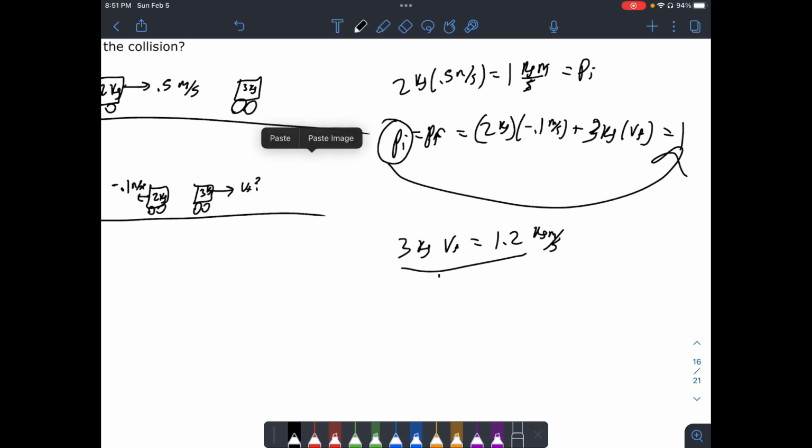We can divide by our 3 kilograms, and noticing our units work out, which is good. Our final velocity is going to be 0.4 meters per second, and it's positive, which is also good because we know that our cart is moving to the right.